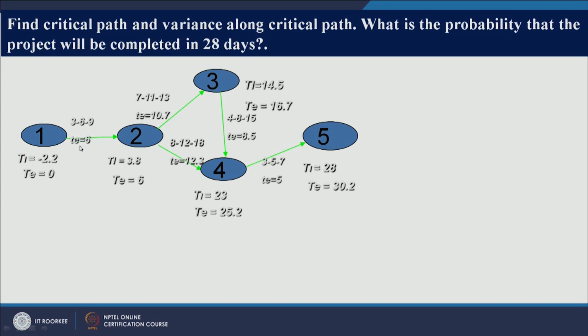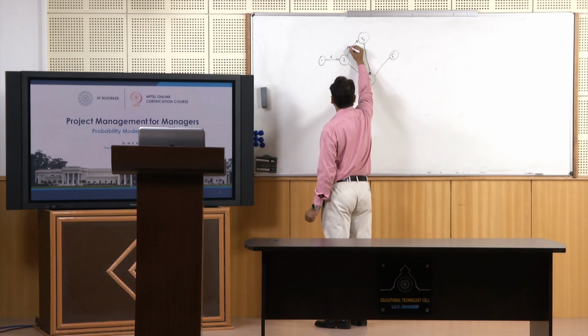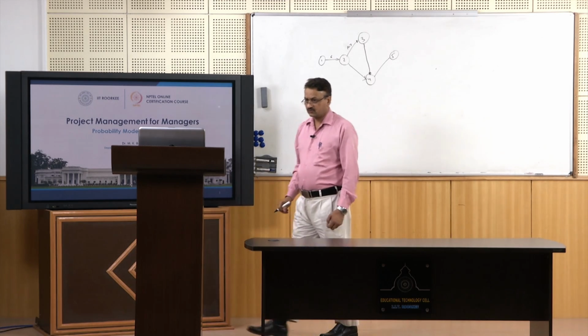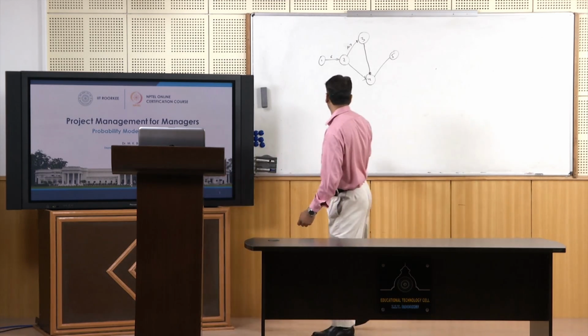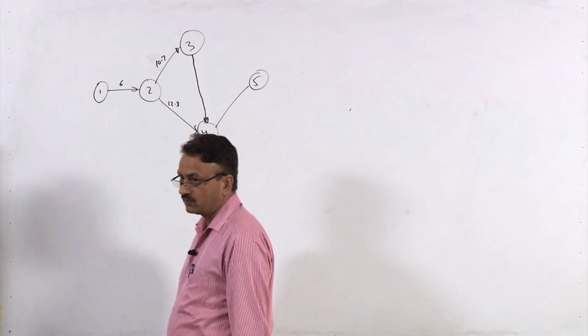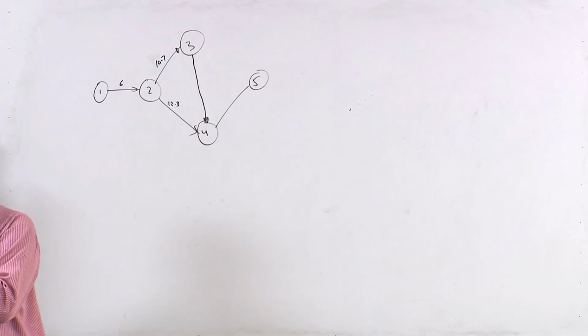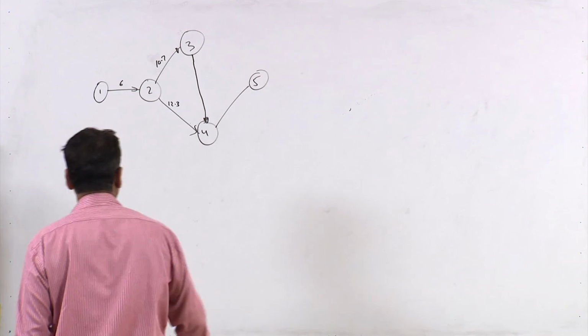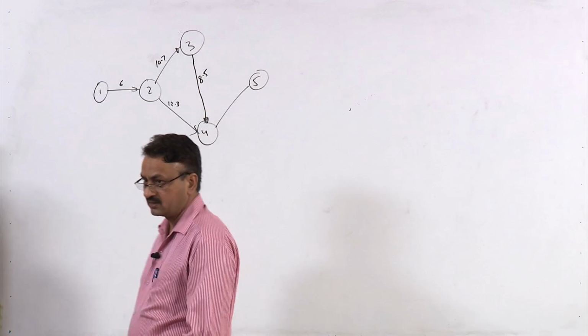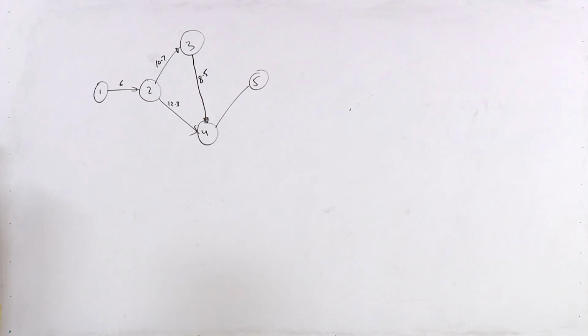So T for 1 2 is 6, for this it is 10.7, for 2 to 4 it is 12.3, for 3 to 4 it is 8.5, and for this 5.